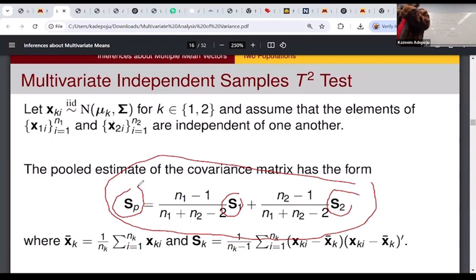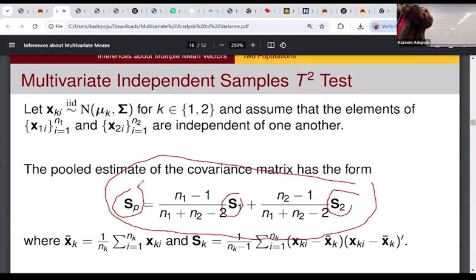Don't forget, in the univariate case where you are focusing on one variable, one of the assumptions of a two sample t-test is equality of the variances. If the variances are equal, I can pool the variance. Pooling the variance will increase precision and lead to a gain in statistical power.